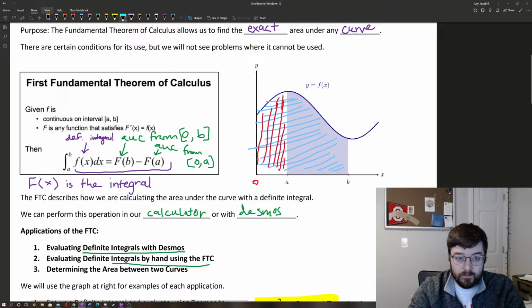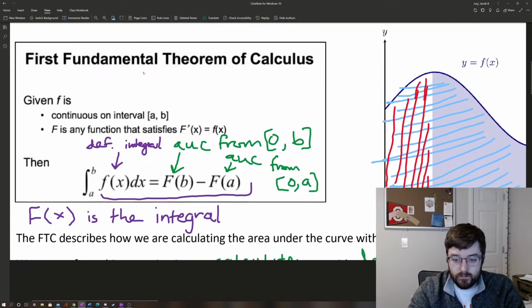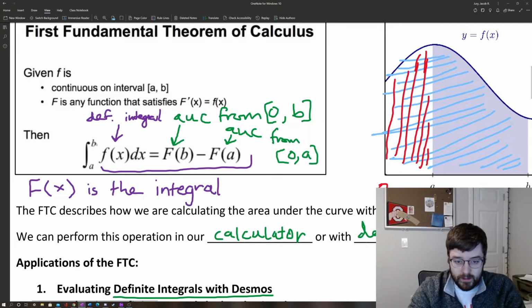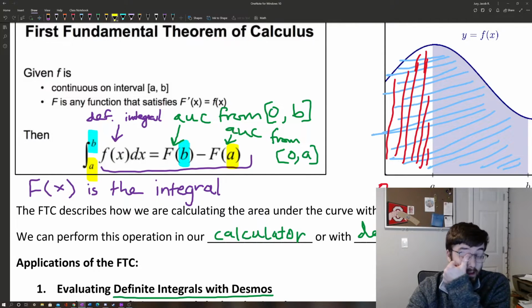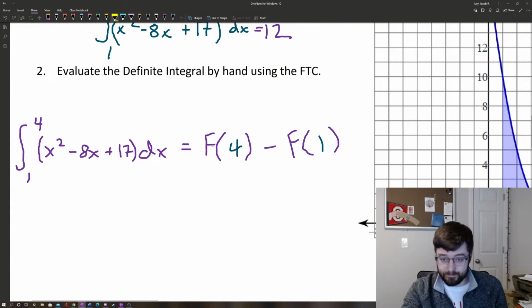If I zoom in some, just to look at all this detail, the end bound is what we evaluate with first, and then the bottom bound is the start bound, and that's what we subtract at the end of this operation.